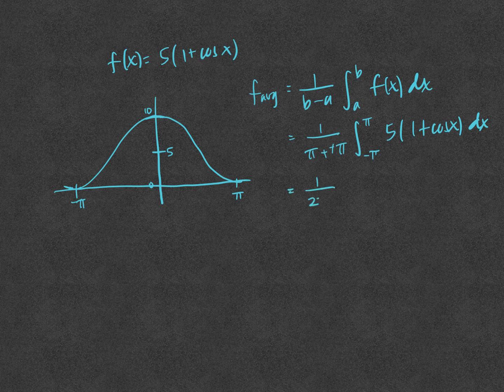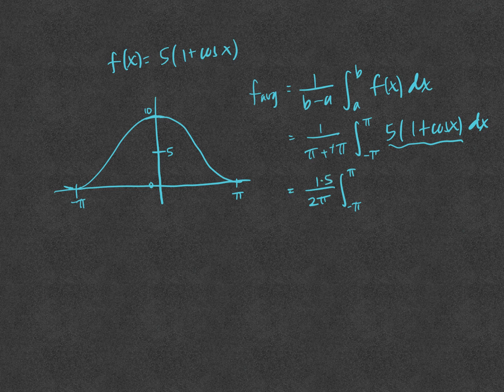So we have 1 over 2 pi. It's an interesting fraction. The integral from negative pi to positive pi. Now there's two things you can do with this 5. You could distribute the 5, or you could pull this 5 out front because it's multiplied times everything here. So let's go ahead and do that. Let's bring this 5 out to the front, and it's a whole number, so it will go on top.